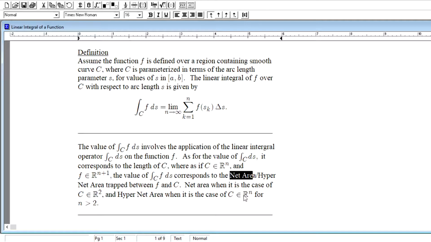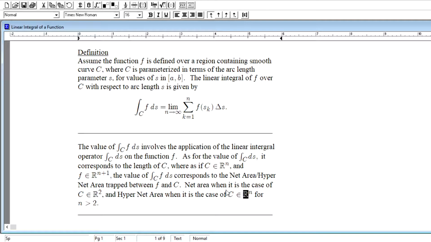The net area, or what we know as the hypernet area, trapped between that multivariable function f in n plus one dimensional space over curve C, which happens to exist down in n dimensional space. Net area, when it is the case that C is contained in R2, and f would be contained in three-dimensional space, and hypernet area, when curve C is contained in n-dimensional space where n is bigger than 2.